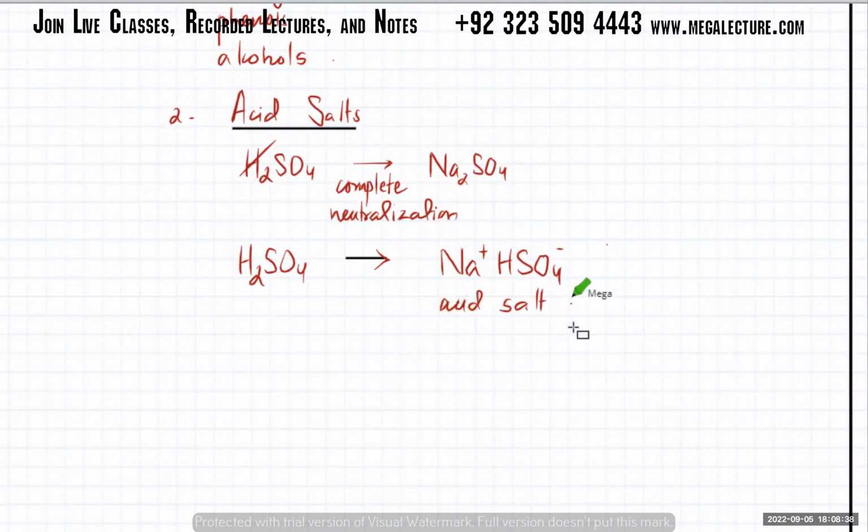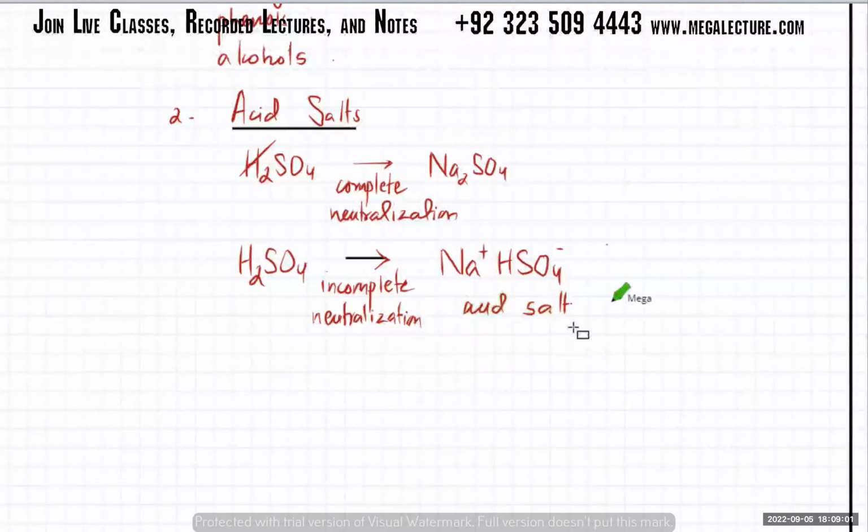And even though it is partially ionized, so incomplete neutralization, incomplete. So that ends up with something that's in between. That's partially an acid and partially also a salt. It's neutralized a bit and not neutralized a bit, still capable of producing H plus one ions.